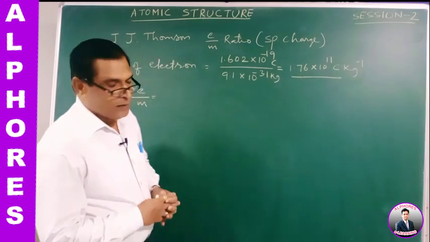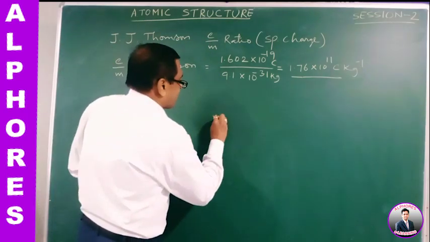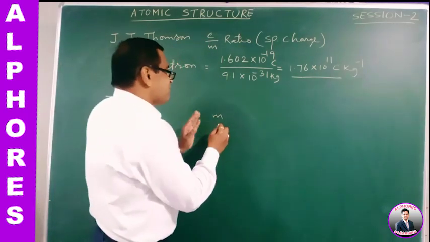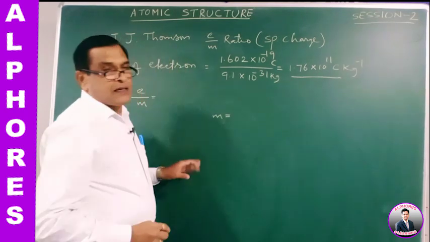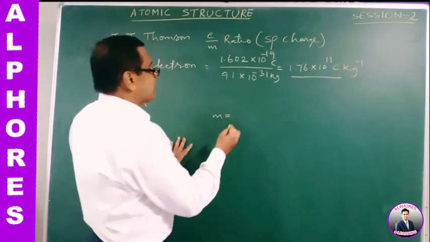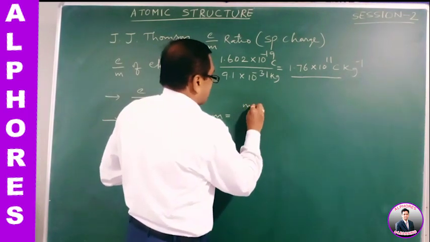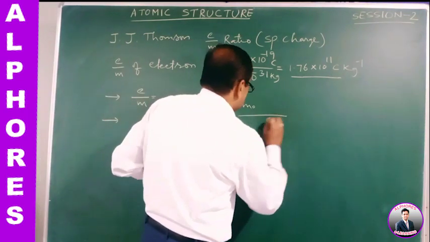Okay. So then the mass of the moving electron can be calculated by using the formula. This is according to the theory of relativity.